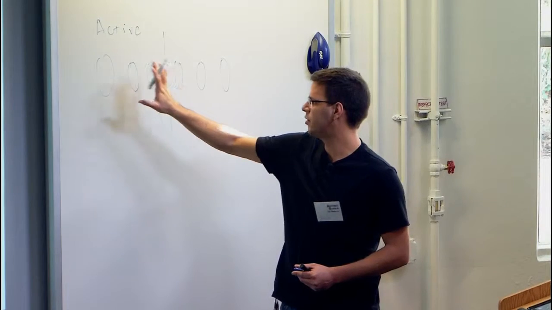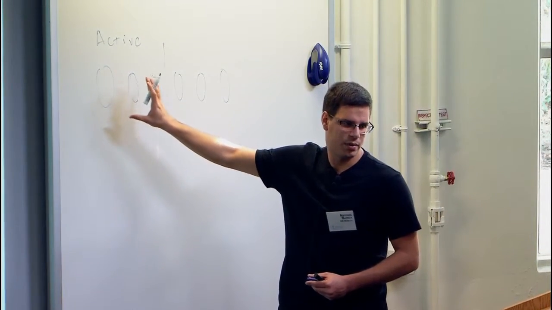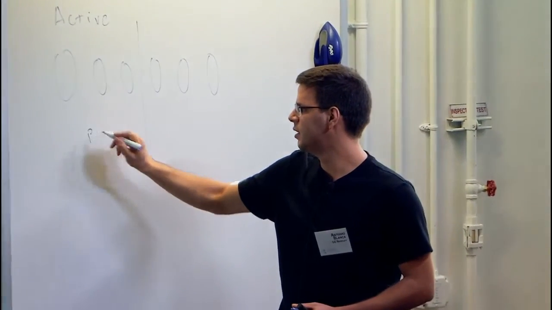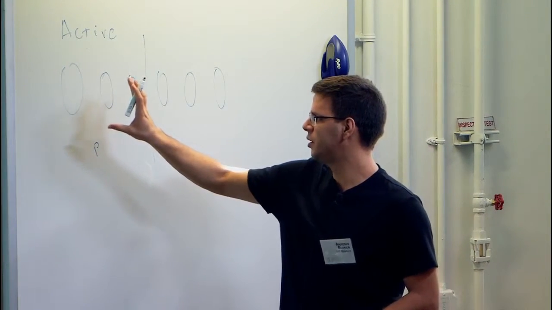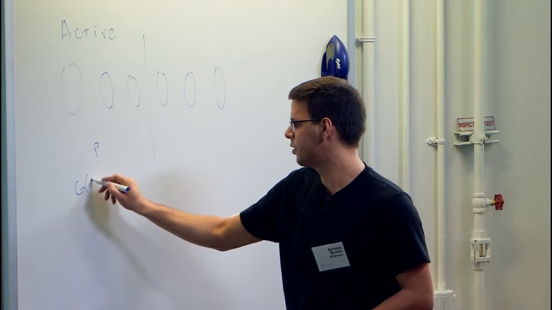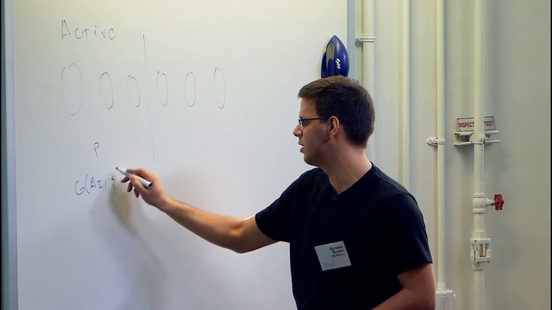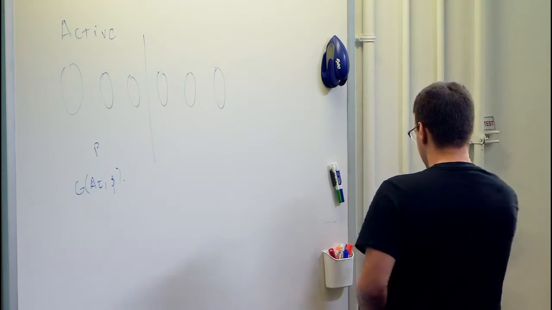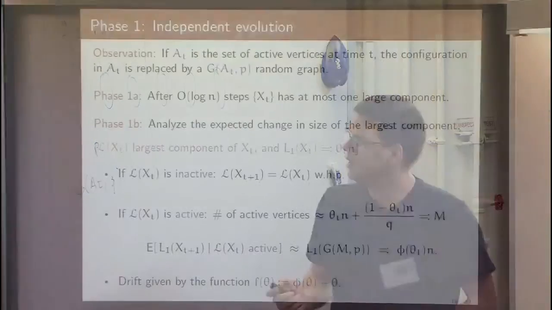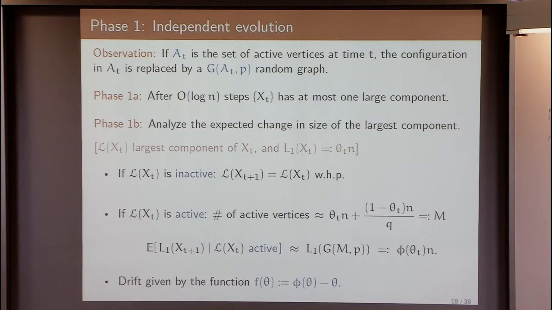In the CM step, I forget about the edge configuration, and I resample every edge with probability p. So essentially what I'm doing is replacing a fraction of the graph with a G(n,p) random graph in one step.